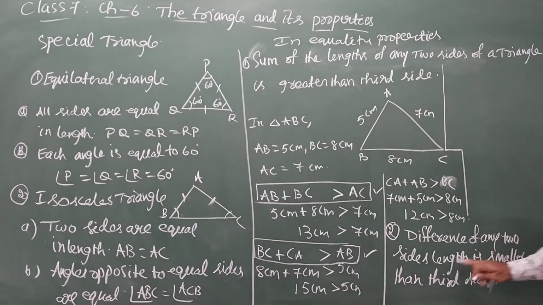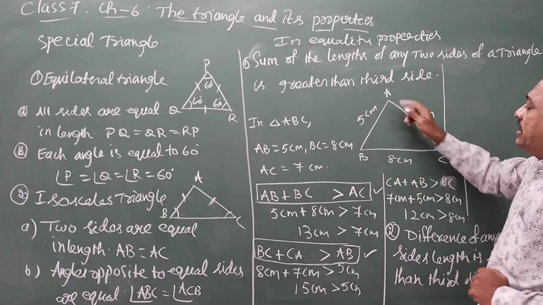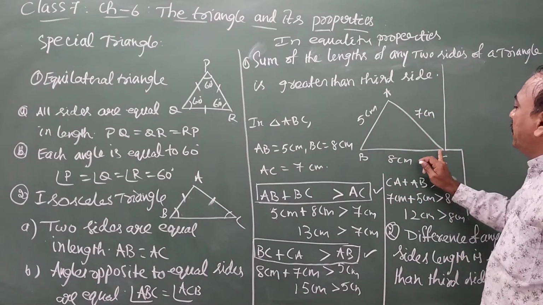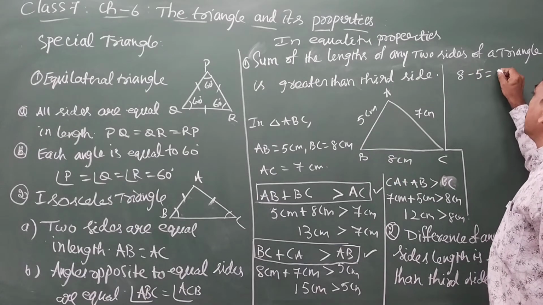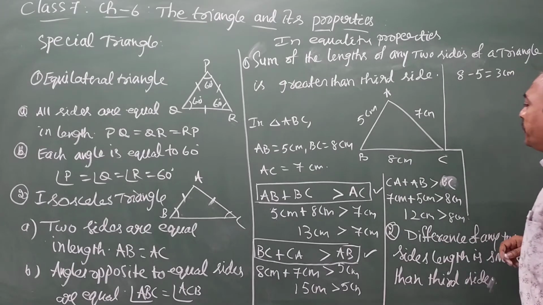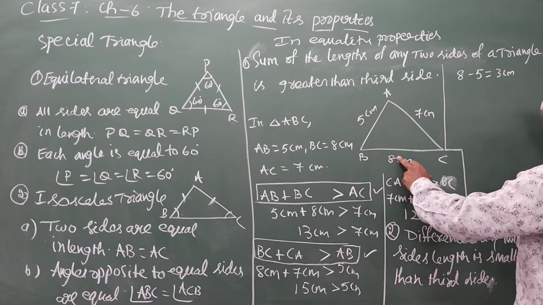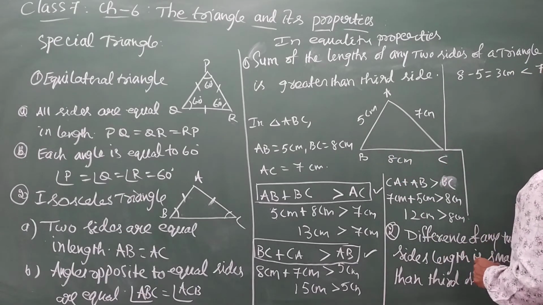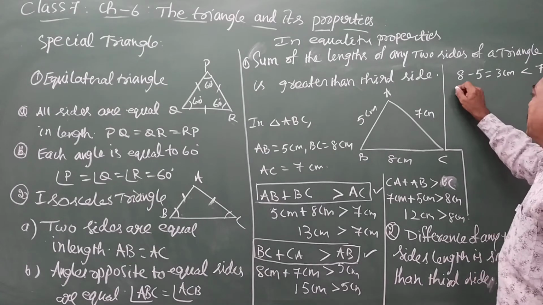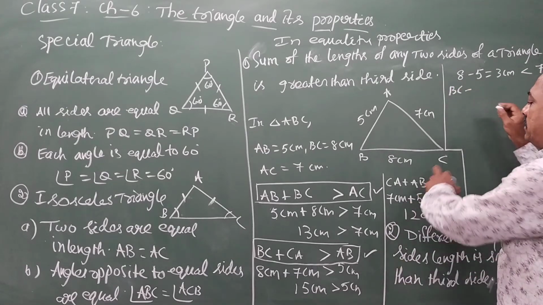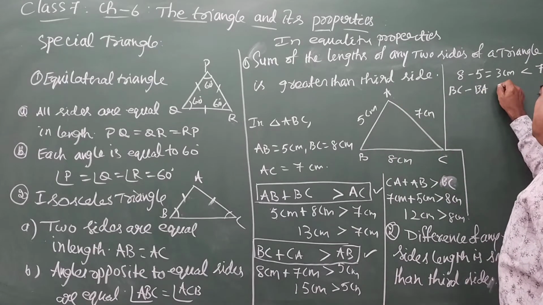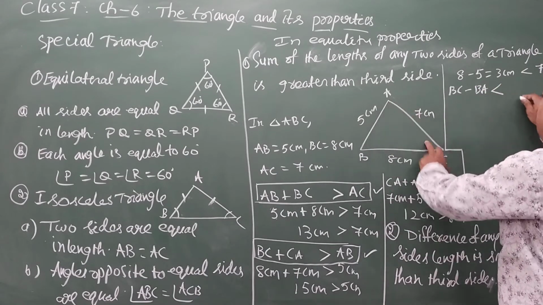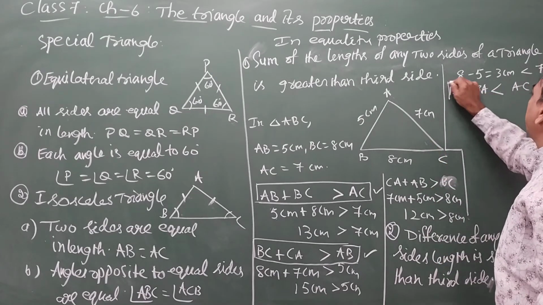Here, we verify that the difference of any two sides' length is smaller than the third side. Take any difference, like 8 minus 5, which is equal to 3 centimeters. 3 centimeters is smaller than the third side, that is BC minus BA is lesser than AC. Yes, it is.